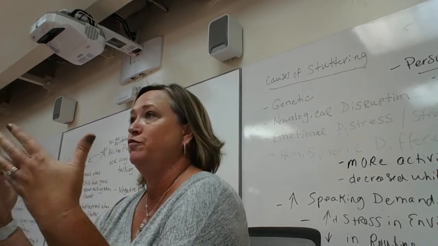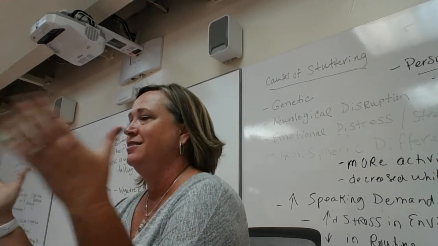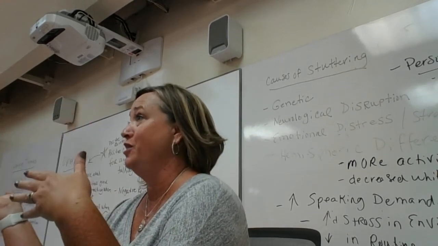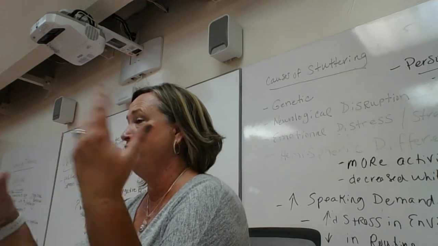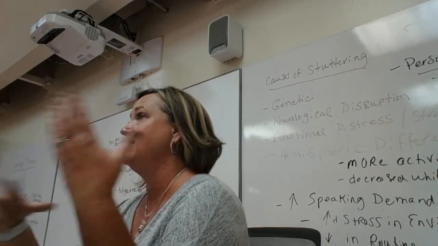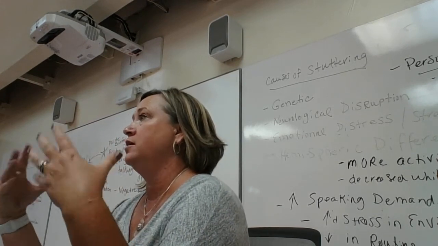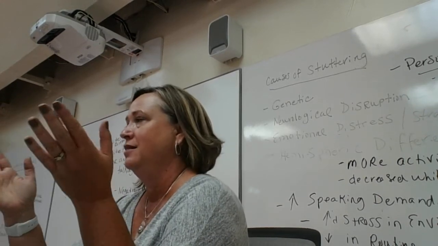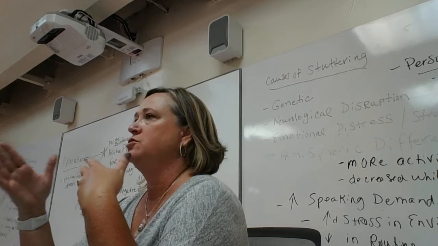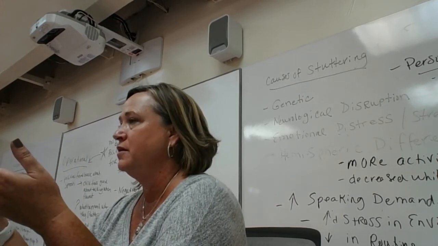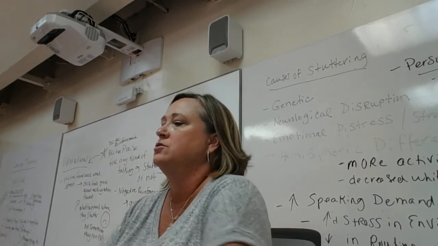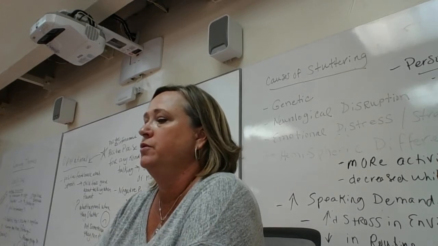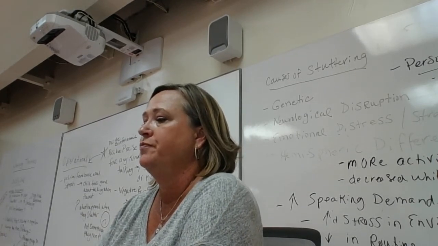They want to speak perfectly, and they don't like not being fluent. So that also is an internal demand that they're placing on themselves. The child has more of a perfectionist personality, and they don't like having pauses in their speech or not being able to get their word out, which then starts to fuel some internal responses.